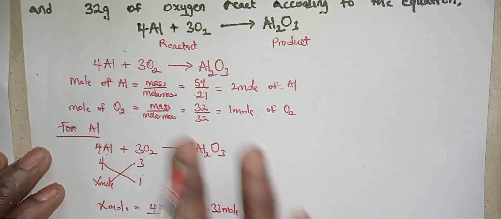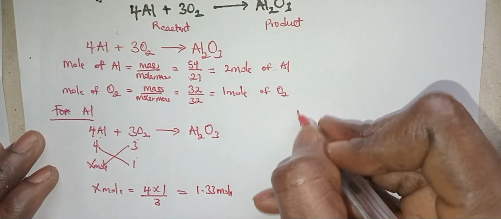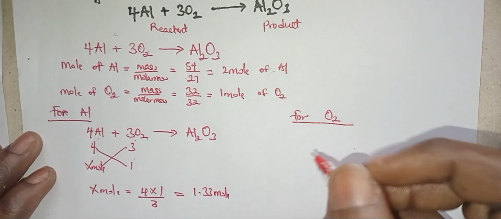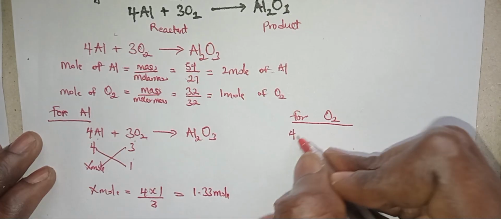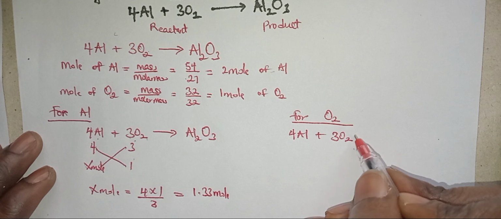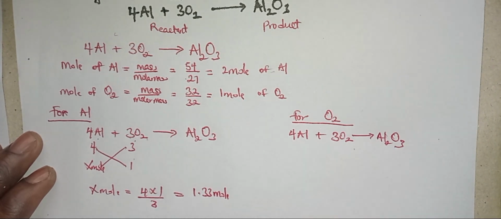So this is how we can solve for the limiting reagent or the excess reagent. Let me solve for oxygen gas now. We rewrite the equation again to produce Al2O3.